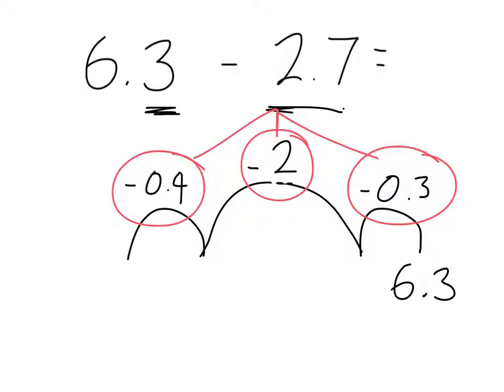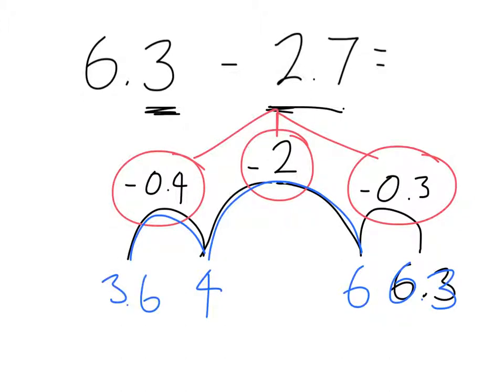So if we start at 6.3 and then we take away 0.3, we're at 6, take away 2, so this jump here, we're now at 4, now we take away 0.4, so we are at 3.6, and the answer to 6.3 take away 2.7 is 3.6.